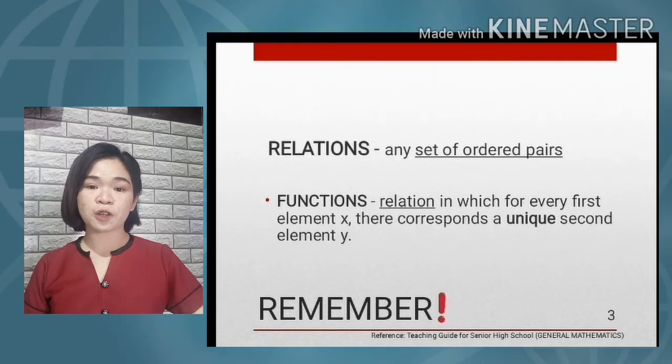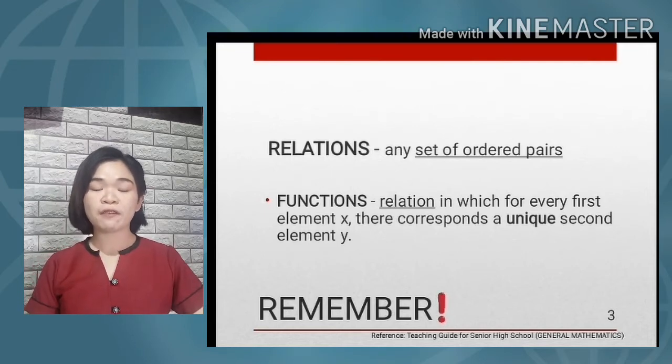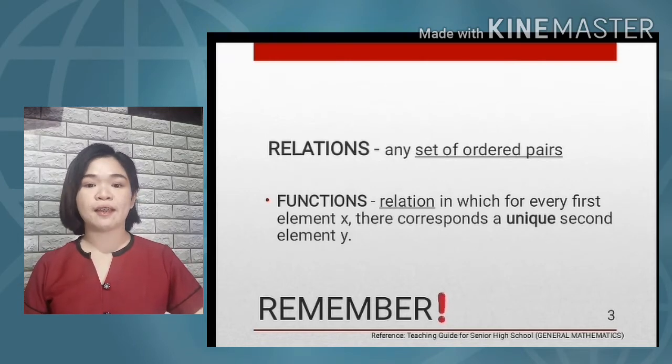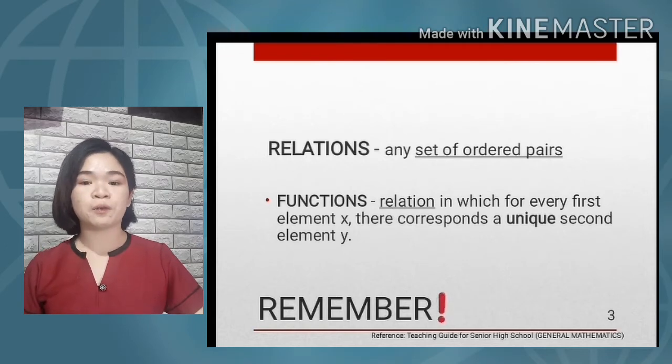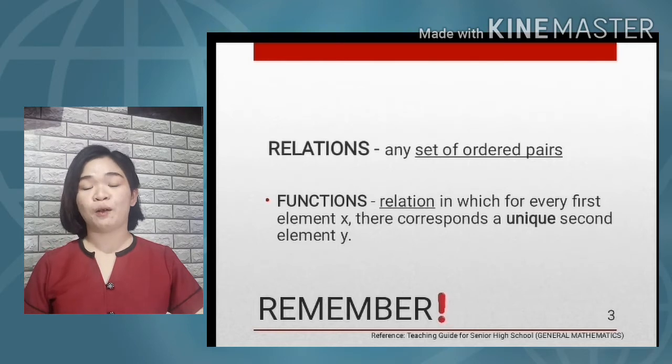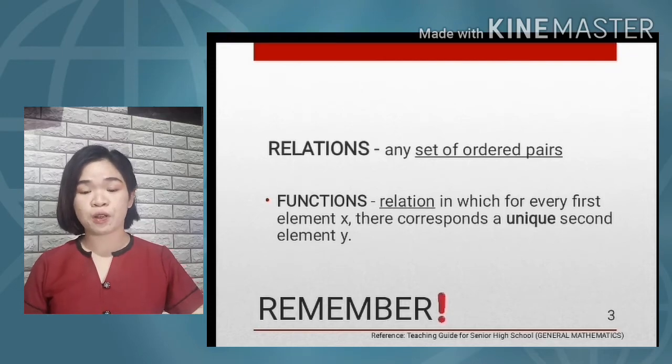However, a function is a relation in which for every first element x, there corresponds a unique second element y, meaning we only use the value of x once. The usage of x cannot be repeated. So, in order for us to say that the relation is a function, the x should be used once.